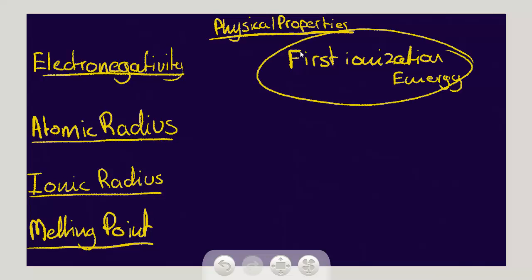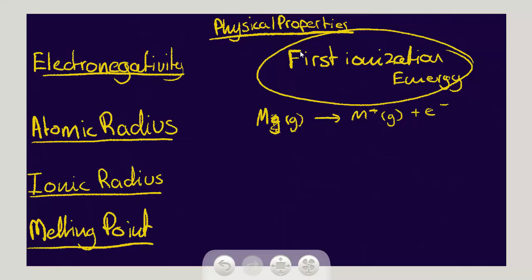Okay, so first ionization energy is the amount of energy required to remove the outermost electron from a gaseous atom. That is, this can be expressed through the following process. So, for example, we'll have magnesium, and of course it exists in the gaseous state, becomes M plus, also in the gaseous state, plus an electron.